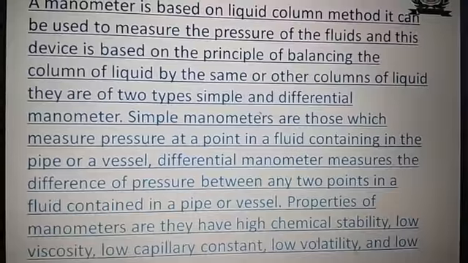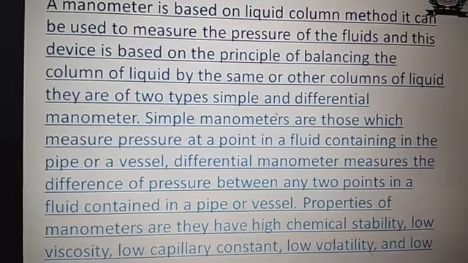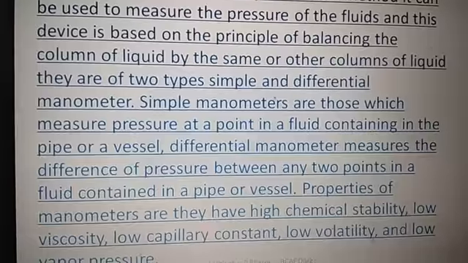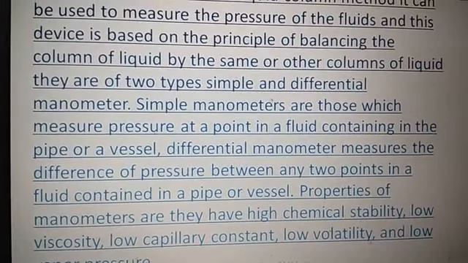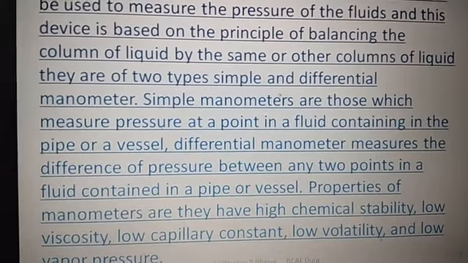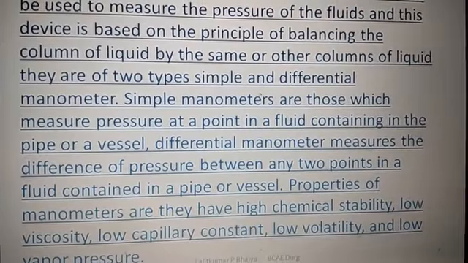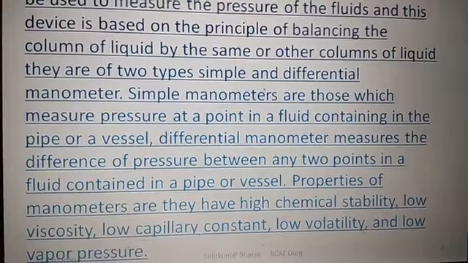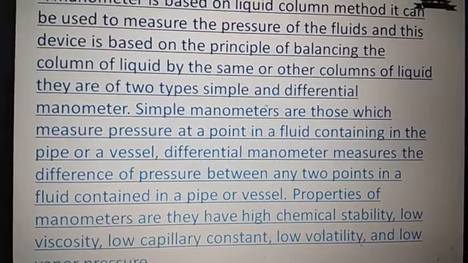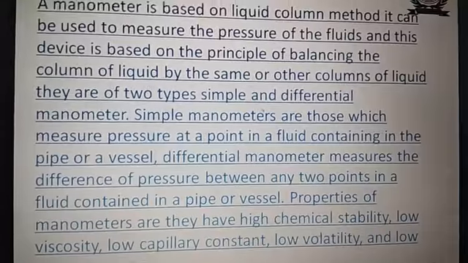Simple manometers measure pressure at a point in a fluid contained in the pipe or vessel, and a differential manometer measures the difference of pressure between any two points in a fluid contained in a pipe or vessel.